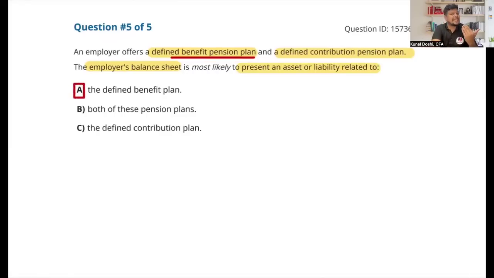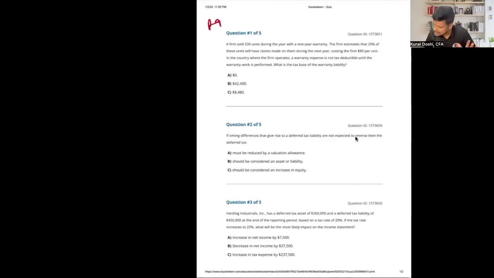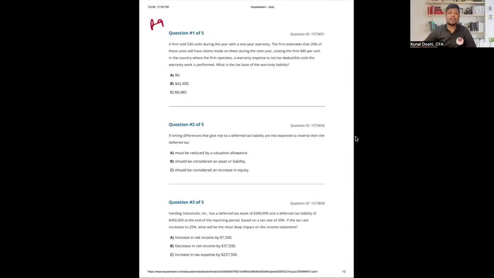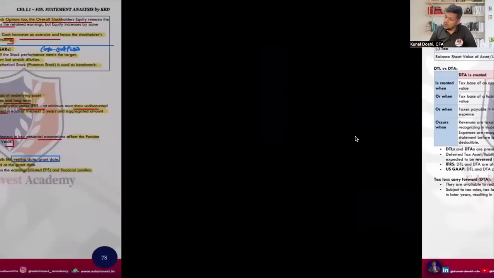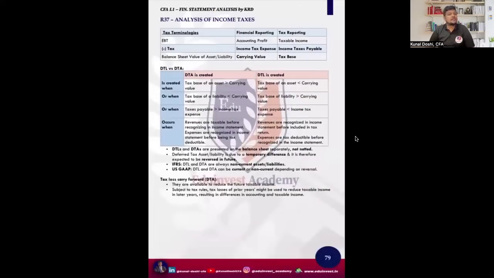DC plan, there is no asset or liability recorded. Am I correct, everyone? Clear? Got it? Yes. This is the end of the second biggest topic, that is the discussion of non-current assets and non-current liabilities. Correct? Now we move on to the discussion of taxes.